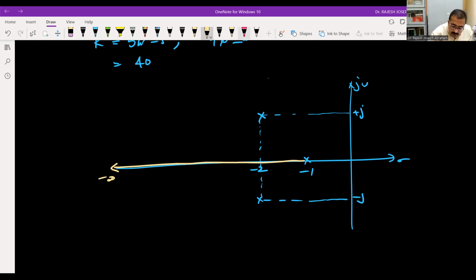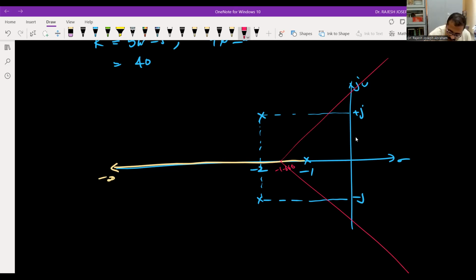Okay, and then we drew asymptotes. Where was the asymptotic point? It was at the centroid, at minus 1.666. So maybe the centroid is somewhere here, minus 1.666. So this is at plus 60, minus 60 in the line. If this is plus j, minus j, maybe you take the scale appropriately.